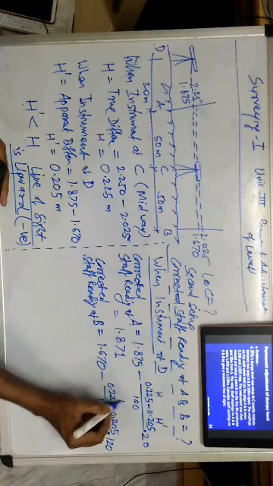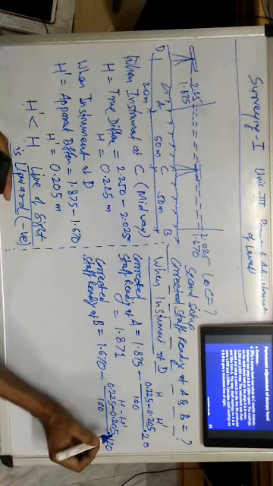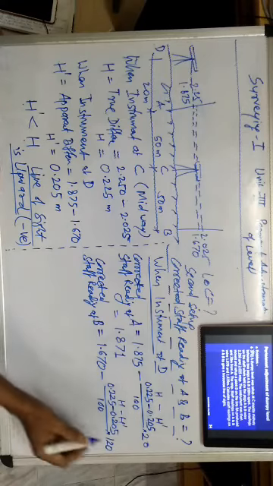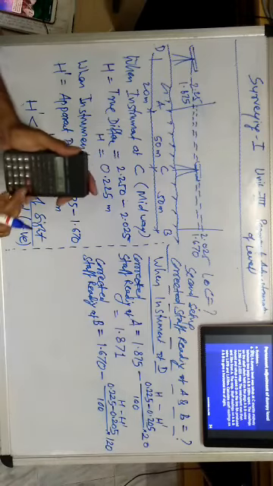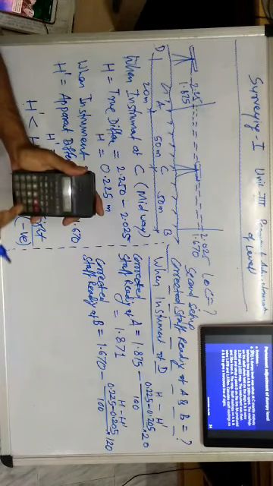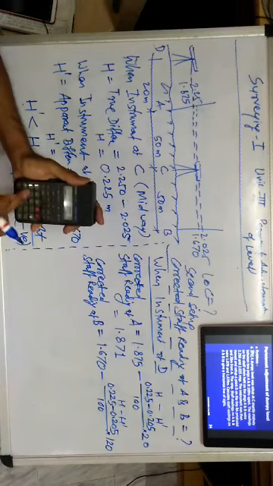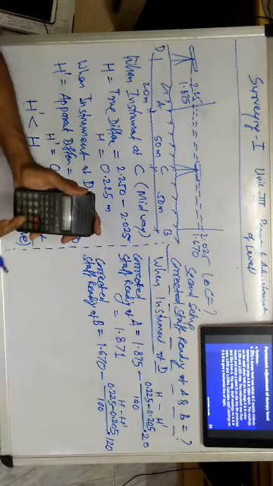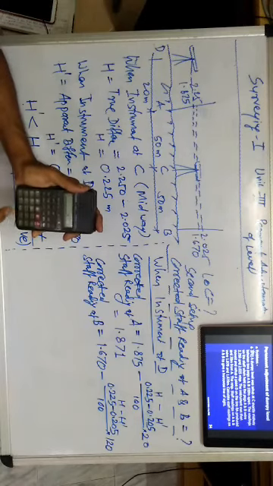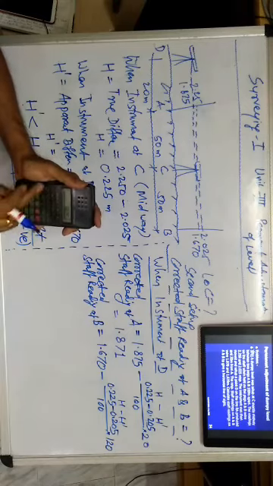So again you have to remember this is H minus H dash, H minus H dash. So this much is the correction that we have to subtract from the given reading. So here 0.225 minus 0.205 divided by 100 and multiplied by 120, and that we have to subtract from 1.670.